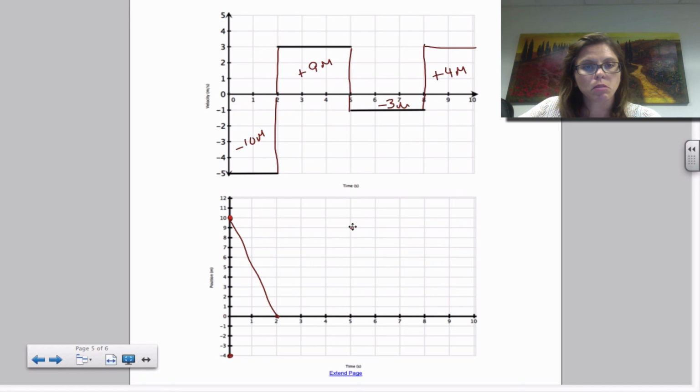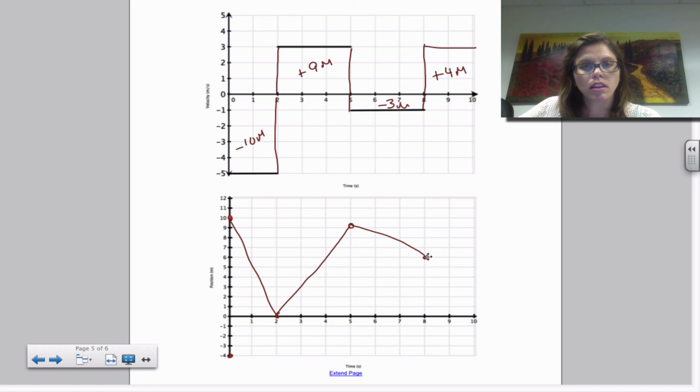I should mark that a little bit better. And then we're going to go down 3 in the next 3 seconds. So 1, 2, 3, that's at 6, and 1, 2, 3, 3 seconds.